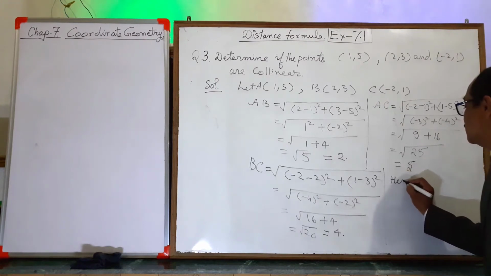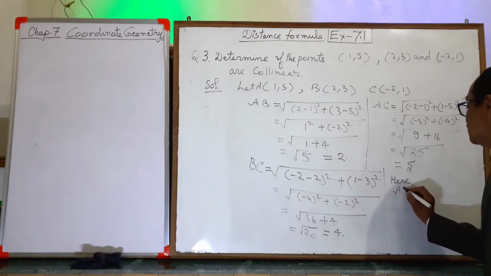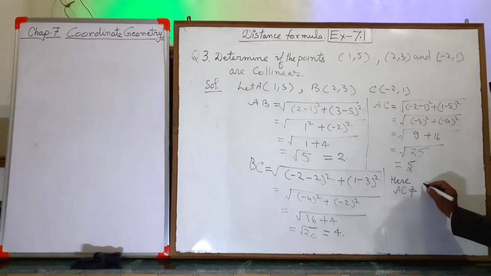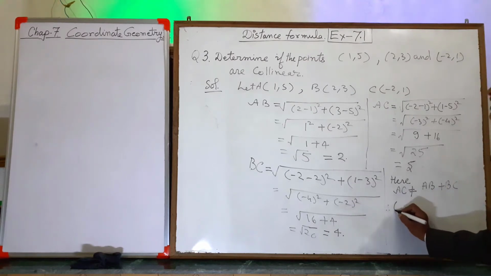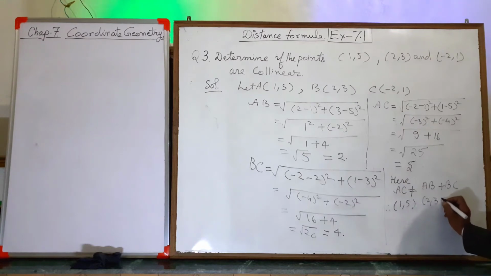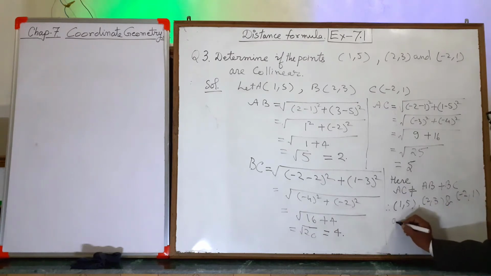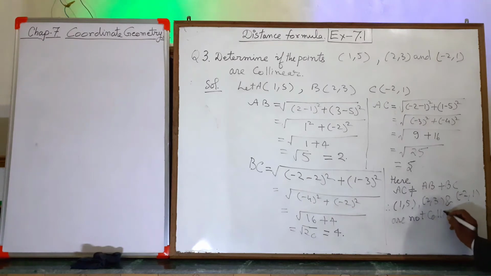Here it is clear that AC is not equal to AB plus BC. Therefore, you can write that (1, 5), (2, 3) and (-2, 1) are not collinear.